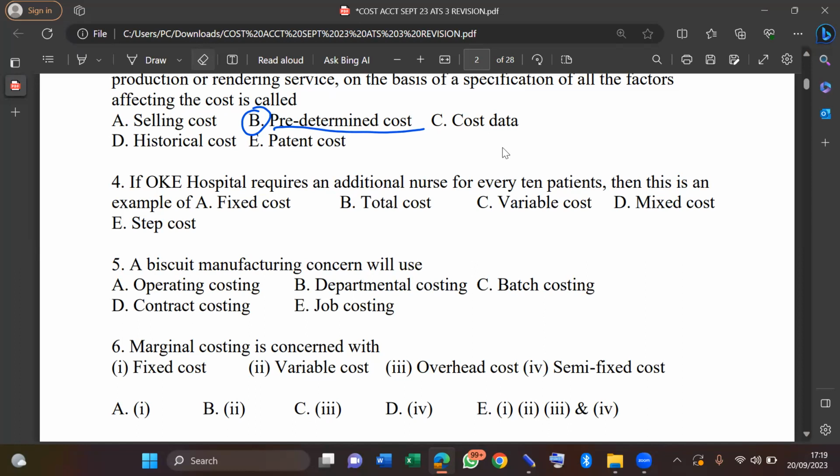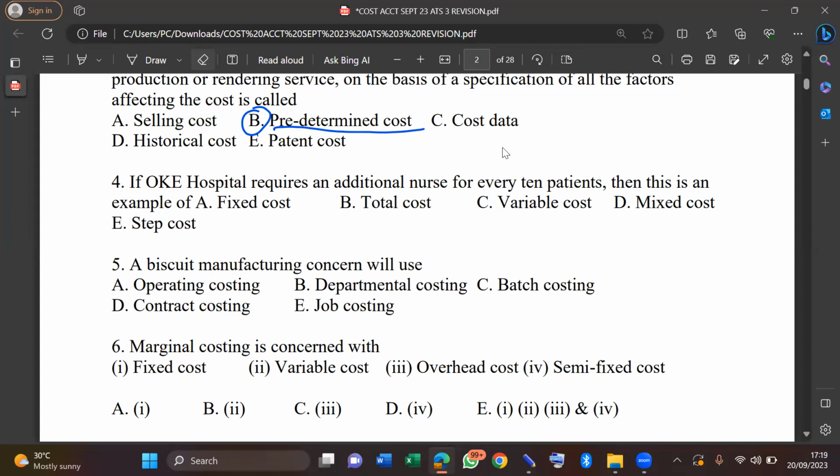It changes. That is what you call step cost. Step cost will be constant at a particular time, and in another time it will change as a result of a threshold, a circumstance.